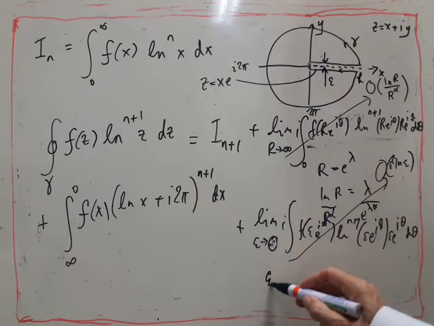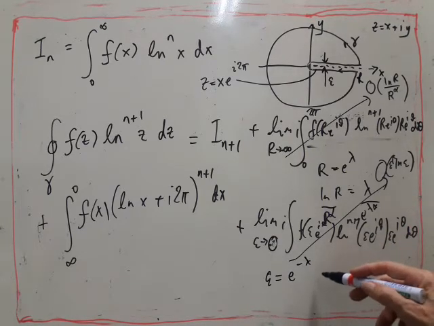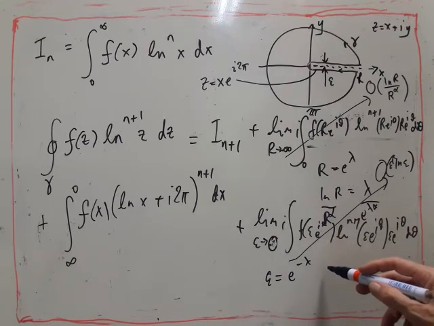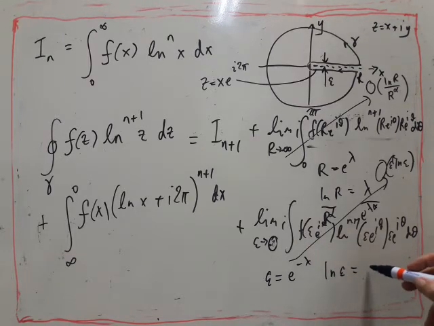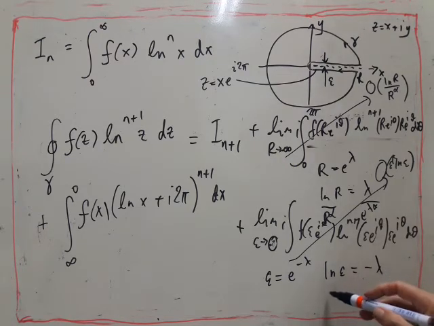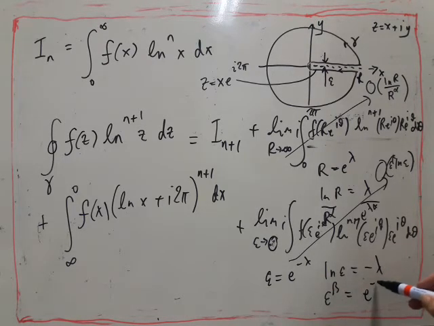Again, we can show that if we let epsilon equal e to the minus lambda and let lambda go to infinity, then log epsilon is equal to minus lambda, and epsilon to the beta is equal to e to the minus lambda beta. So when you multiply these two together, you can see exponential beats polynomial. So as long as beta is positive, this will go to 0.